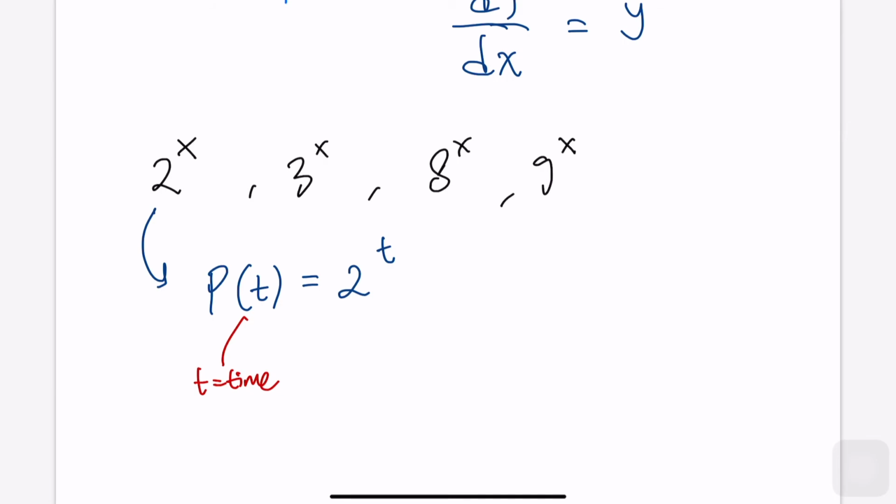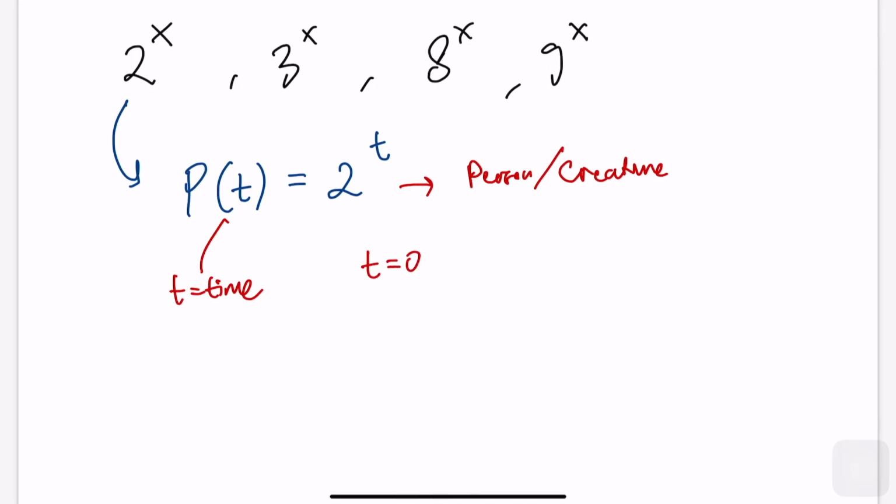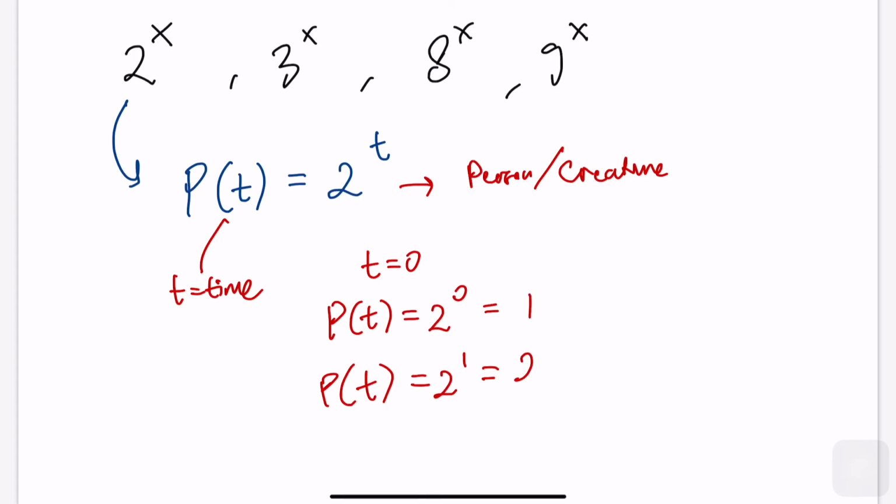So imagine this is a population of a person or maybe a creature. It doubles every t, right? So at t equals 0, oh sorry, it should be 1, and it keeps doubling every day.